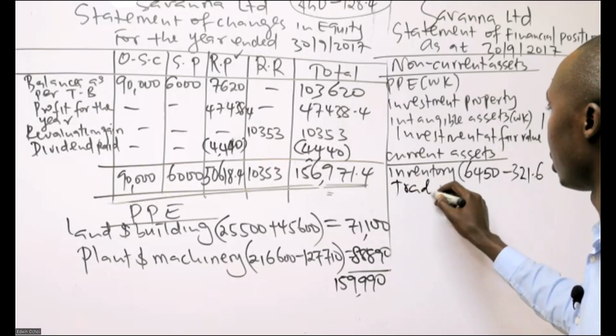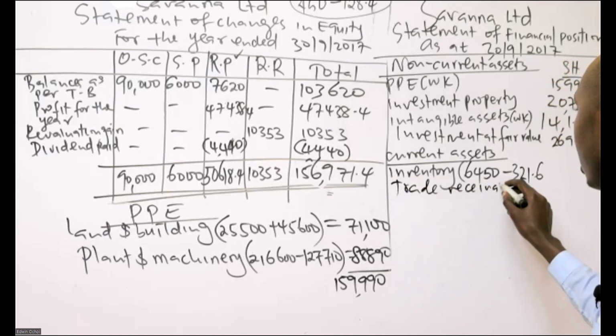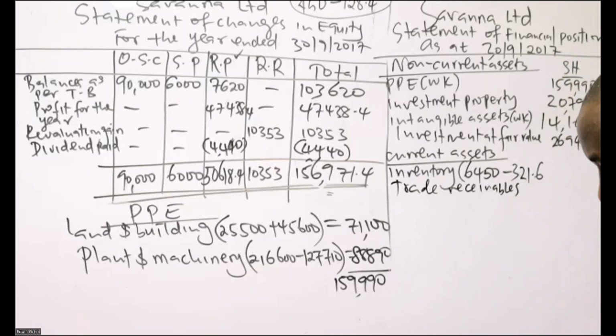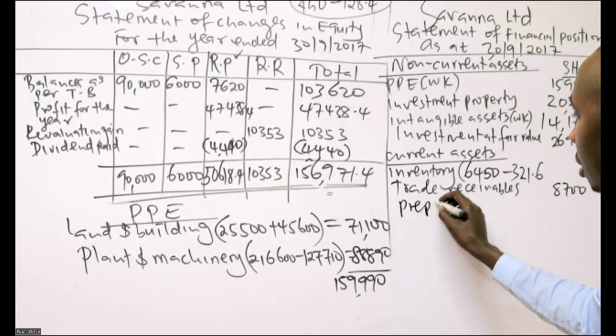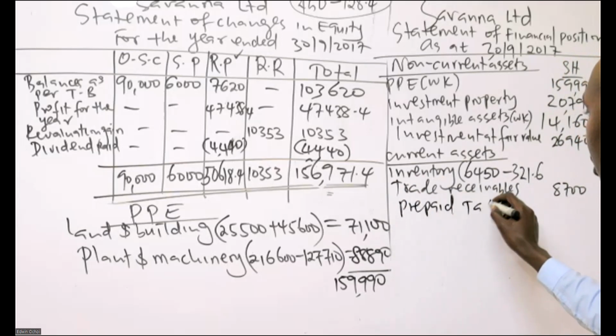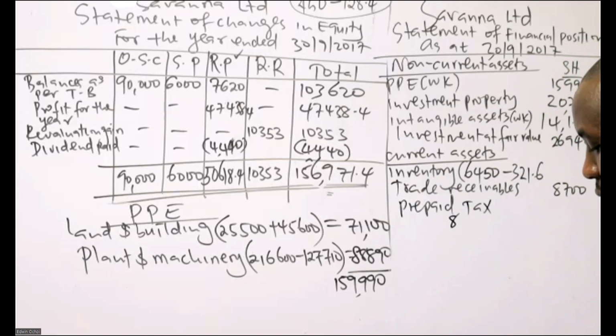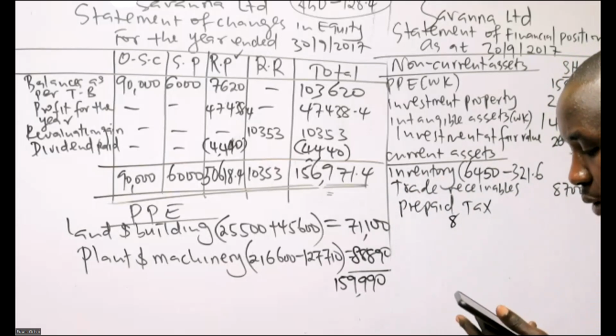Trade receivables. The debtors balance is 700. That was prepaid. Prepaid tax. We took 82, what? Was 82 according to the trial balance.